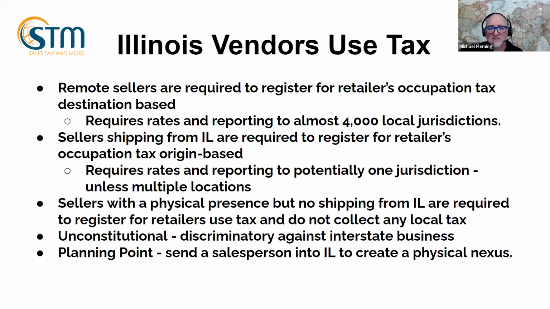Well, this is discriminatory, which is one of the 4 prongs. You're discriminating against interstate commerce. If I'm outside the state with no connections to the state whatsoever, I've got all of this extra work to do. If I'm inside the state, shipping from inside the state, then it's pretty easy.